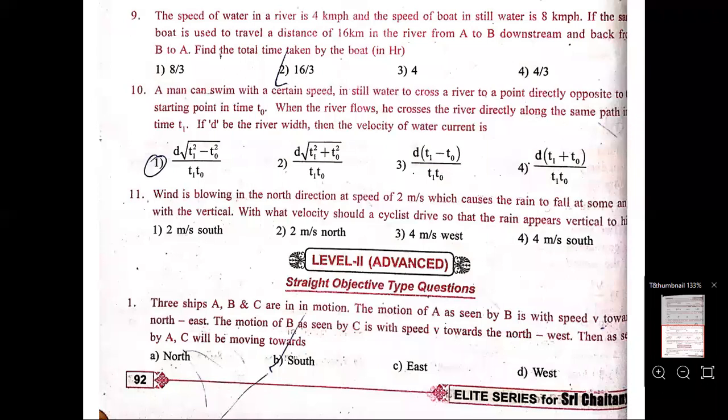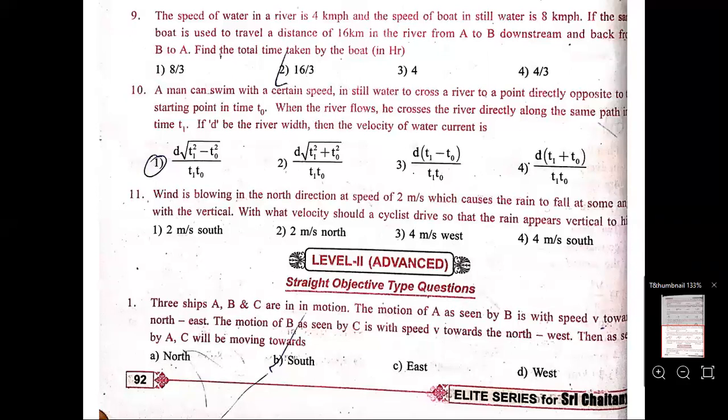Northeast means by making a 45-degree angle. Velocity of A with respect to B is equal to V in this direction. The motion of B as seen by C is with speed V towards northwest, so in this direction.